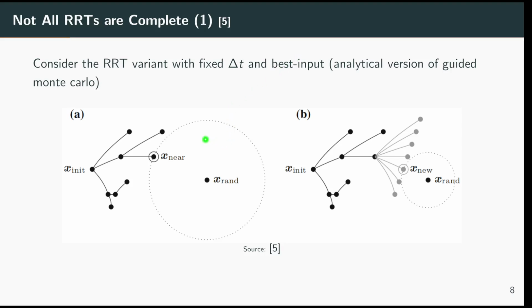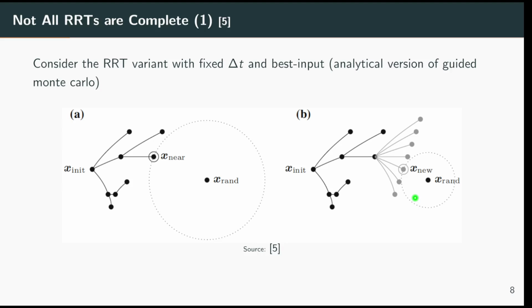But just informally what it means, let's say I sampled this random node here, then I use my KD tree to find the nearest node, which is this one. So in guided Monte Carlo, what we tried was k times, here 7 times I think, we sample and then pick the one that seems to be best with respect to our distance metric.